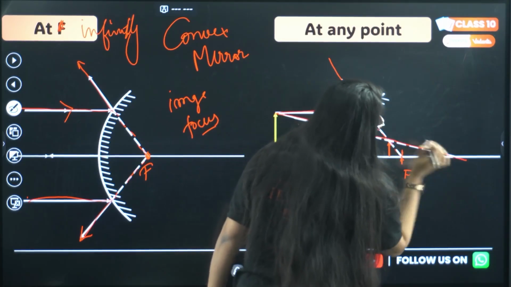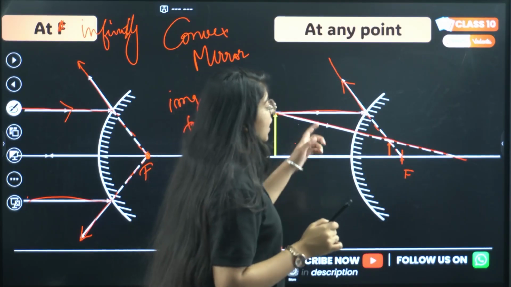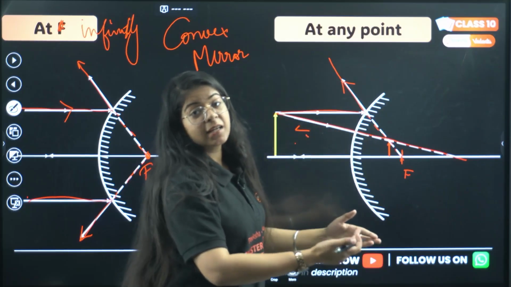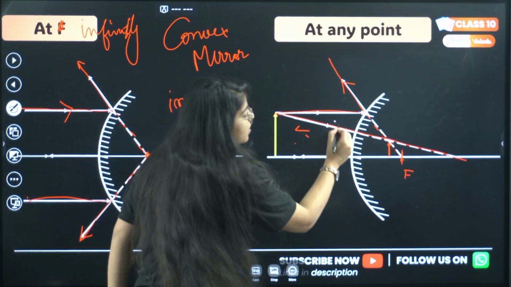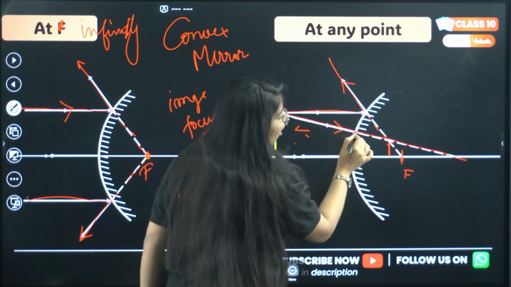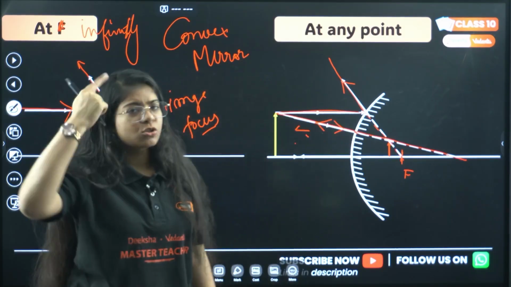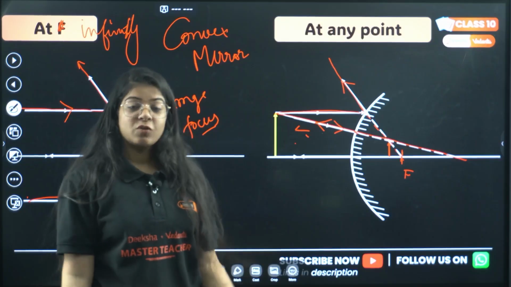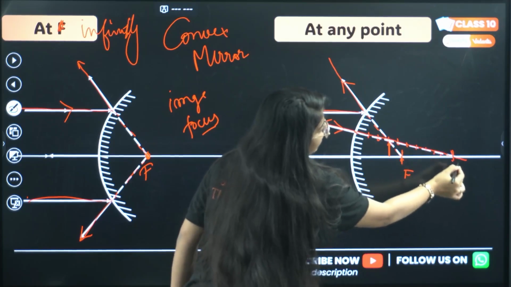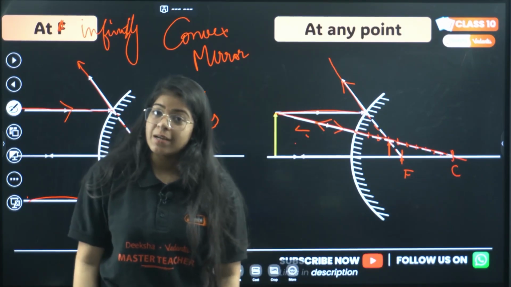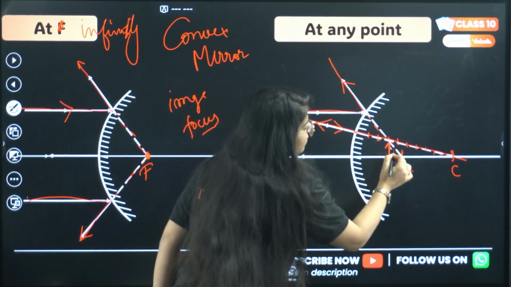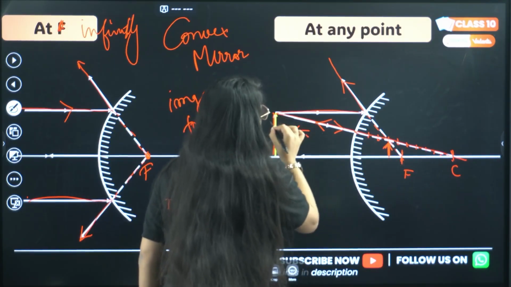Now here is a very important part you need to remember: if my ray passes toward the center of curvature, it reflects back in the same direction. So we were worried, why is there no reflection? When we extended the ray backward, we saw it's hitting the center of curvature, and we know if it's hitting the center of curvature, it will follow the same path after reflection. So this is now my image, this was my object.